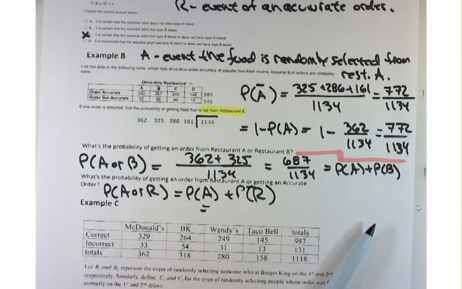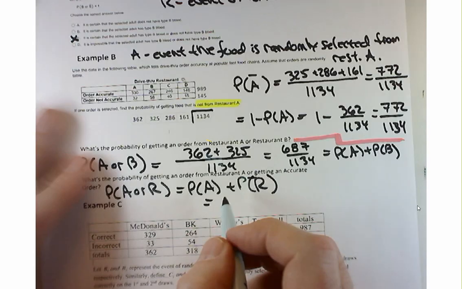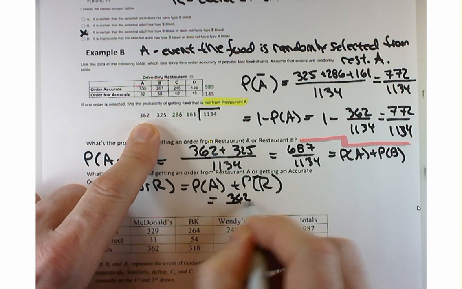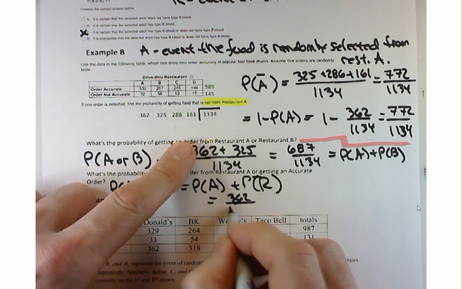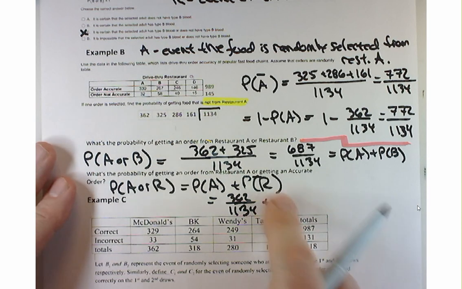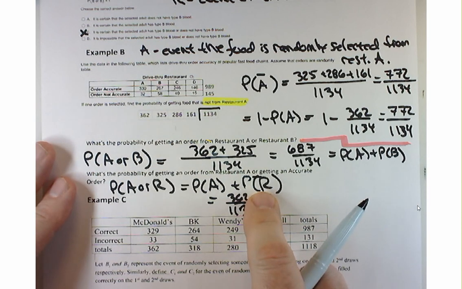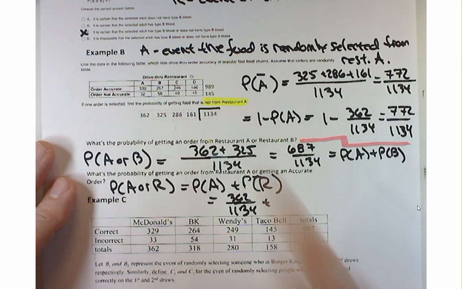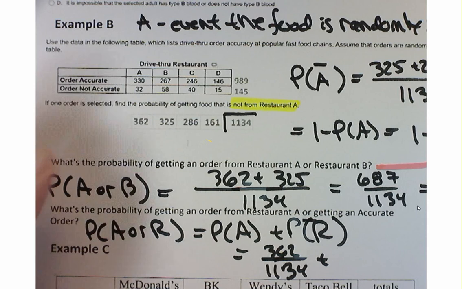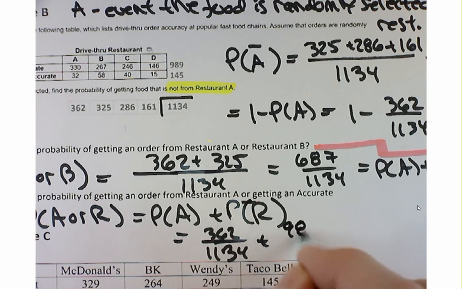Let's keep going. Probability of A, that's going to be 362 over 1134. What's the probability of getting an accurate order? You can't just look at the bottom totals anymore. We've got to look someplace else. 989 over 1134.